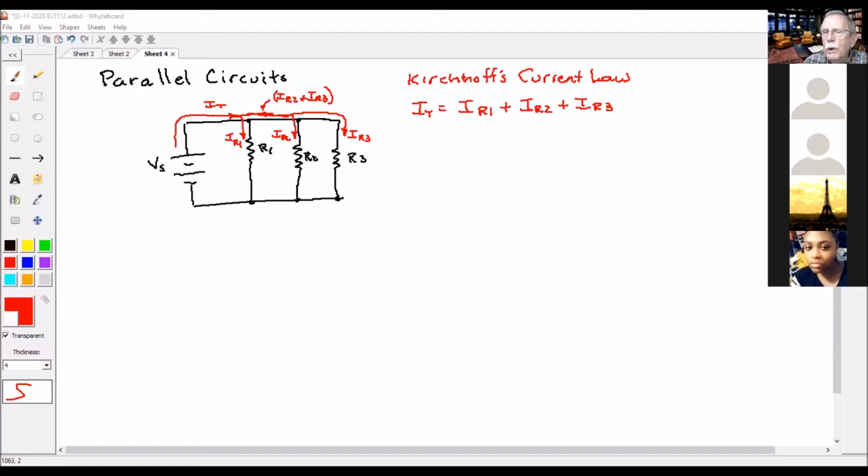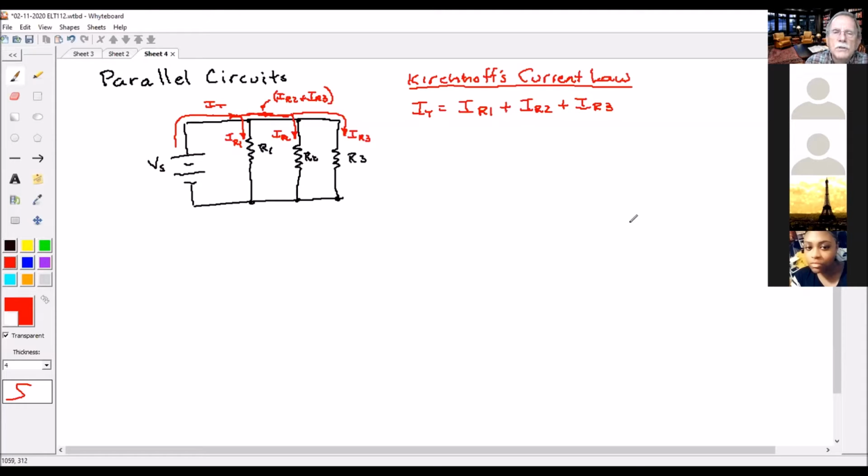And just as there were 2 ways of specifying Kirchhoff's voltage law, there are 2 ways of specifying Kirchhoff's current law. If you remember, the voltage law said the supply voltage was equal to the sum of the resistor voltages. That was one method. The parallel equivalent to that would be the total current is equal to the sum of the individual resistor currents.